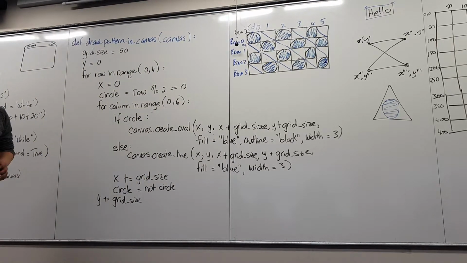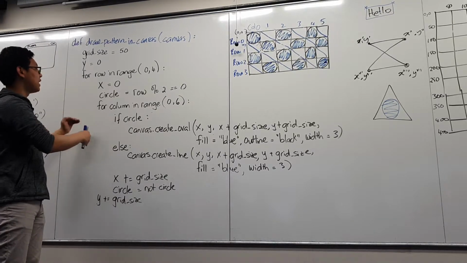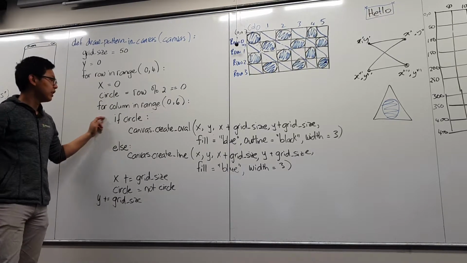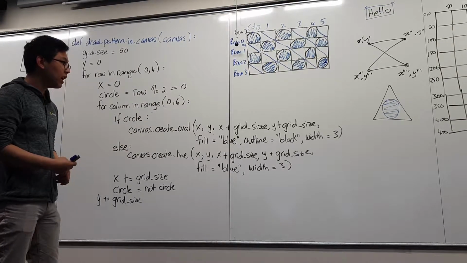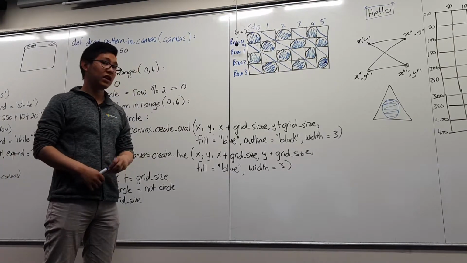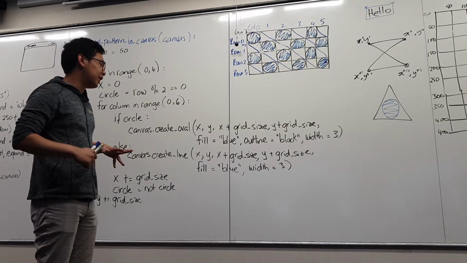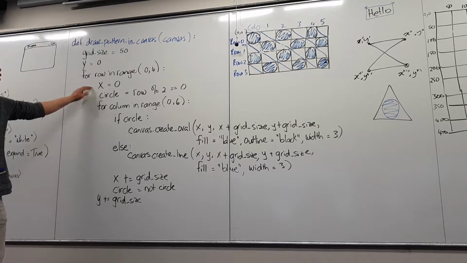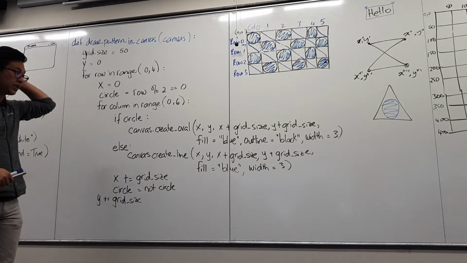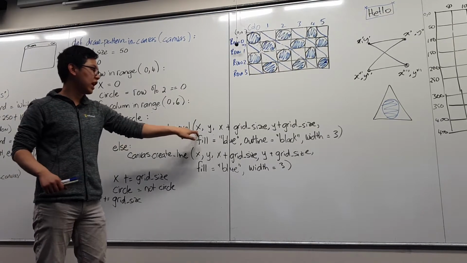Cool, let's go into our column loop. So this is going through each row, and now I'm going through each column. If it's a circle, cool, let's create an oval. I want to give it some values, but I want to give them in variables that are relative to what my x and y and my grid size are. So, create oval x, y.